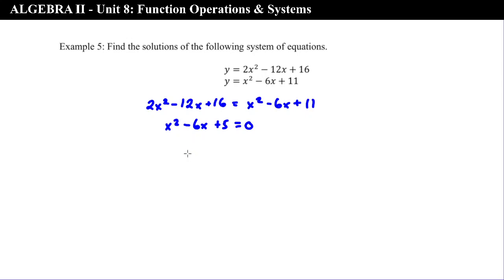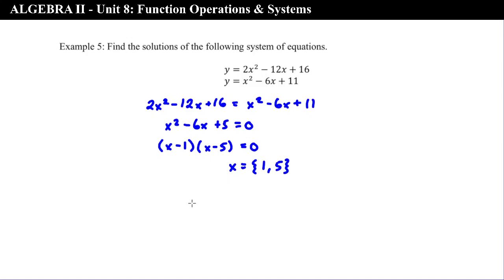And then we see if we can factor this, and we can. (x minus 1)(x minus 5) equals 0. Then we know what our x values are. x equals 1 or 5.